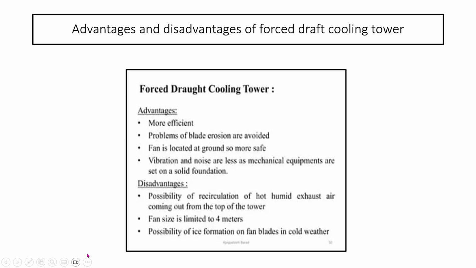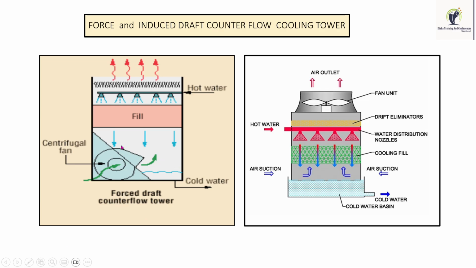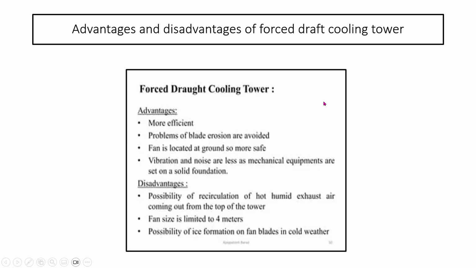You see the fan size is small here, and here the fan size is bigger. There is also the possibility of ice formation on the fan blades in cold weather, because the fan is at the bottom and the air is cool.